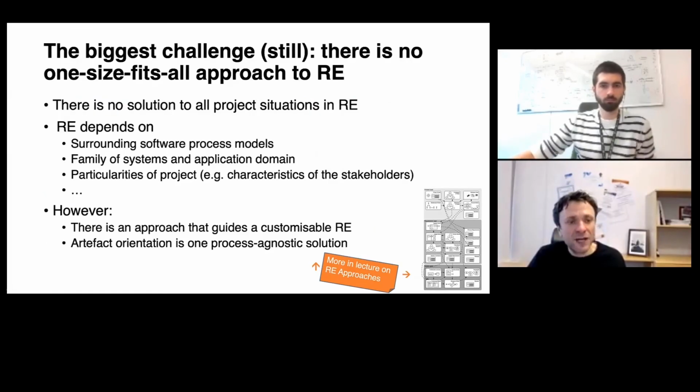So the biggest challenge still remains and will always be that there is no one-size-fits-all approach that we can use out of the box for requirements engineering. And this is the reason why we will be using a rather customizable, flexible requirements engineering approach. In this case, the MDIA model, the artifact model for domain independent requirements engineering.